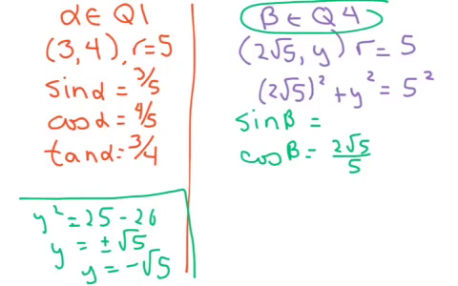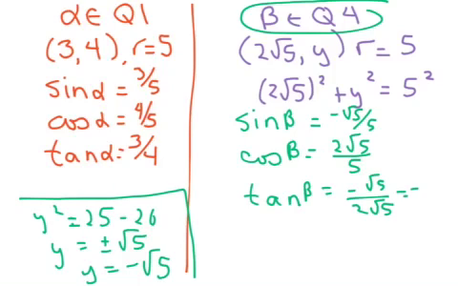So we know that sine of beta is going to be negative root 5 over 5. And tan of beta is going to be negative root 5 over 2 root 5, which equals negative 1/2. You could put a 1 here, cancel those two out.